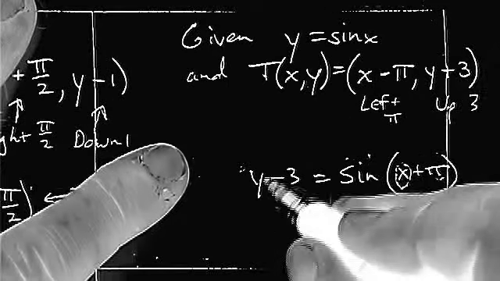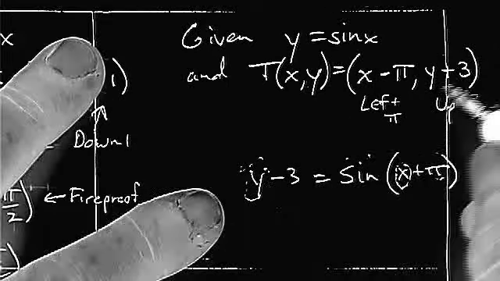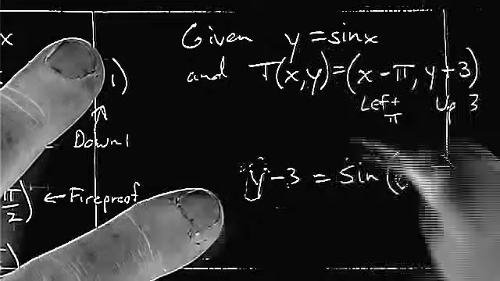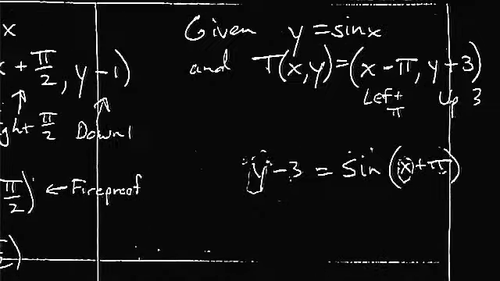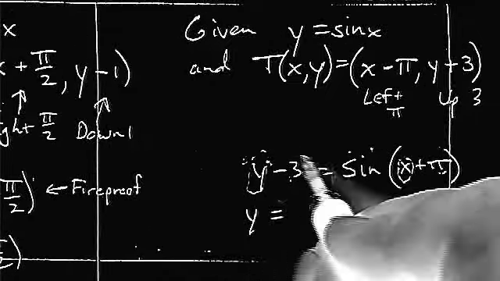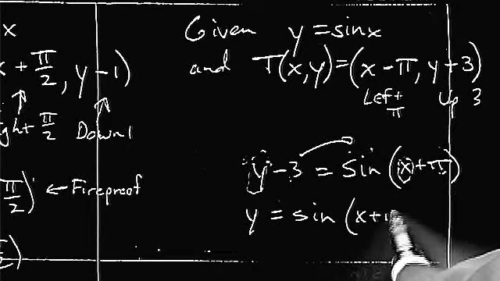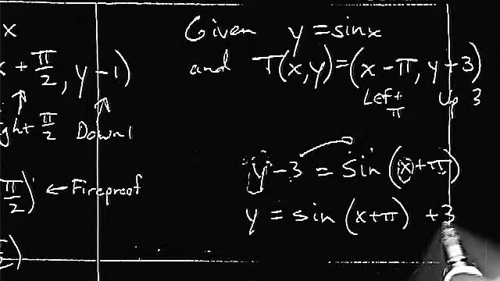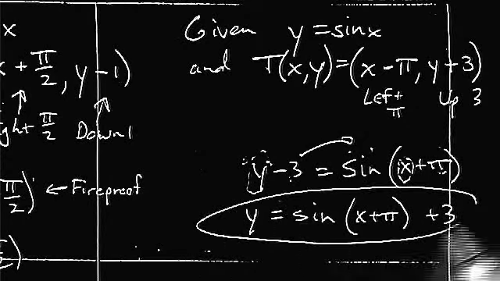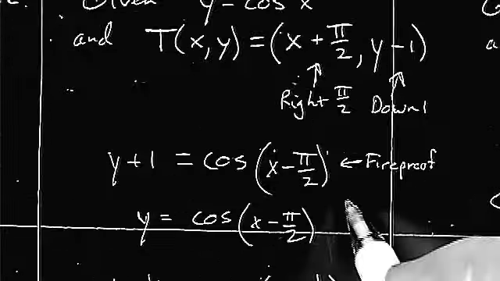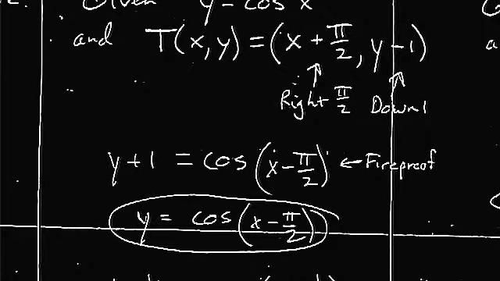The rule here is telling me what I would replace y with, y plus 3, to get rid of the minus 3 and get back to just plain y. And then, of course, we usually solve for y, so we have sine of x plus pi plus 3. So there's my final equation there. Of course, here's my final equation on this one.